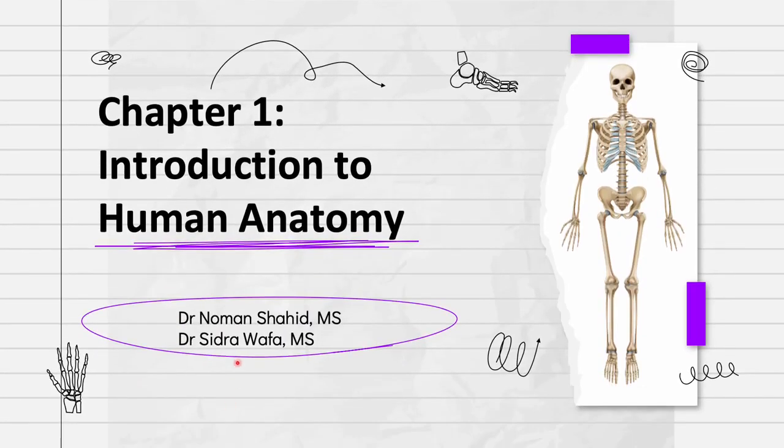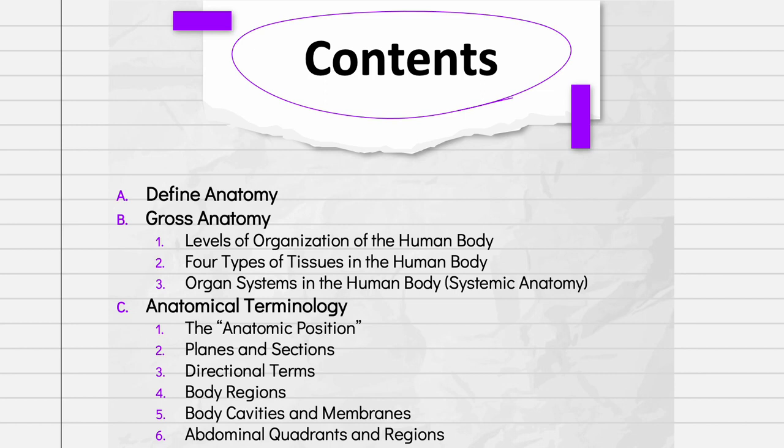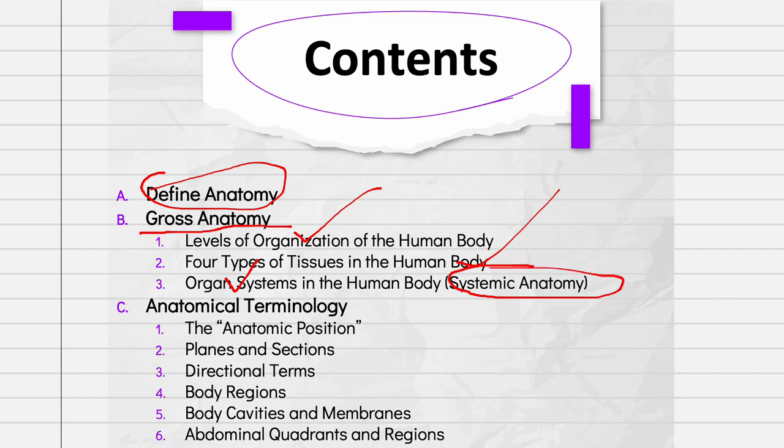So here we have Chapter 1, Introduction to Human Anatomy, which is the first lecture in the series of General Anatomy. In regards to the contents of this topic, we'll be starting by defining anatomy. Then we'll go towards gross anatomy, including subheadings such as level of organization of the human body, the 4 types of tissues in the human body, and finally the organ systems of the human body, also referred to as systemic anatomy.